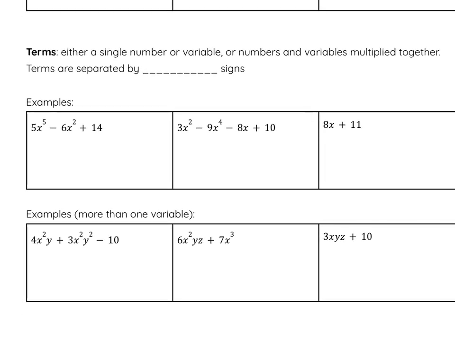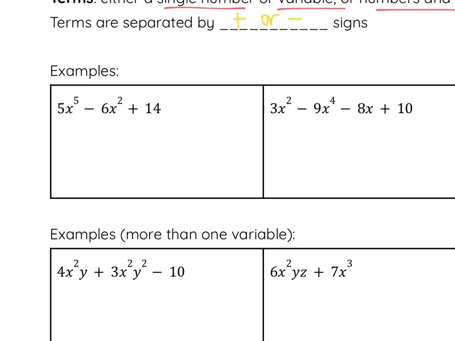So let's talk about terms. I've mentioned them before, but a term can either be a single number or variable, or numbers and variables that are multiplied together. The easy way to determine if you have a term is they are separated by a plus or a minus sign. So let's look at this first example.